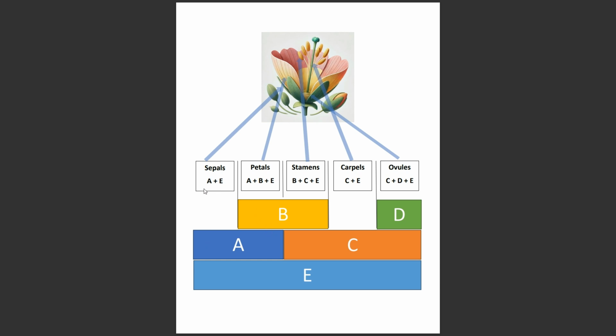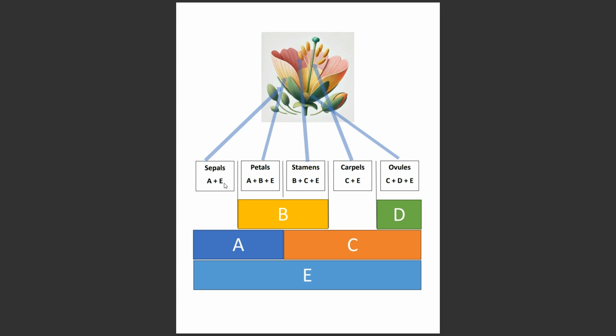So the genes that are located underneath these titles, for example, for sepals, A and E, are the classes of genes that are necessary to develop that part of the flower. What this means is if gene classes A and E are expressed in a flower, then sepals will develop, and those are these green things at the bottom of this flower.